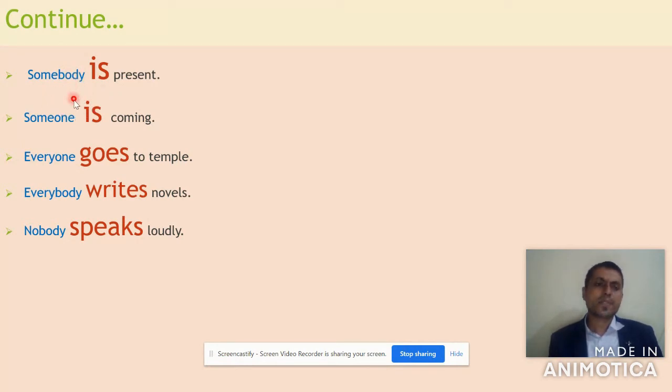So when you see such big pronouns, such big subjects, even though they refer to many, they always agree with a singular verb. You have to make your own structure.